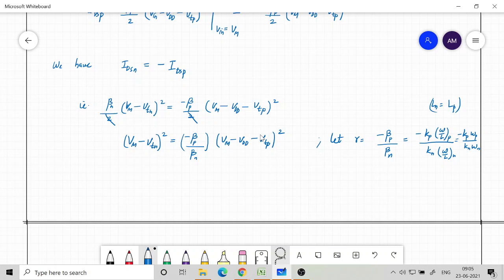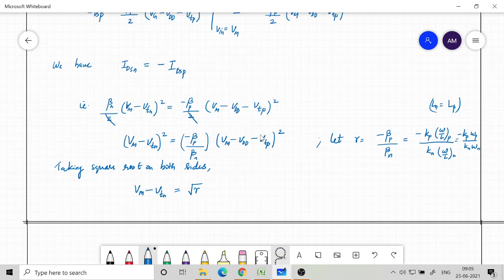Okay, so now we take the square root on both sides. So what will we get? Vm minus Vtn. This is going to be a positive quantity, because Vm has to be greater than Vtn, then only the NMOS is going to be turned on and current is going to flow. So the left hand side is to be positive, and therefore the right hand side should also be positive.